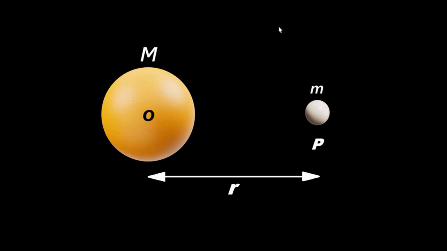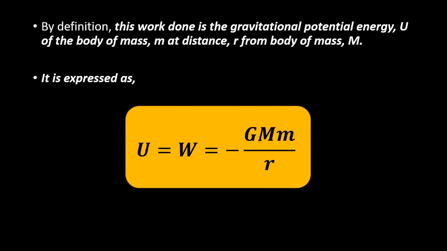Whenever we have any two object system, let's say one of mass capital M and one of mass small m, with separation distance r, the gravitational potential energy of this two body system is equal to minus GMm/r. So the potential energy is directly proportional to the product of the two masses and inversely proportional to the separation distance.